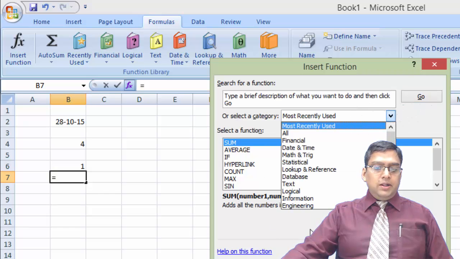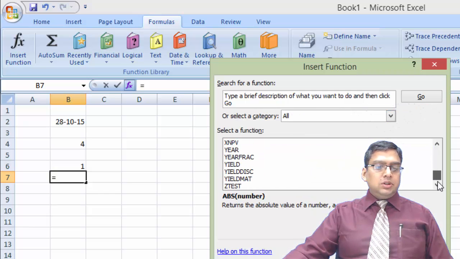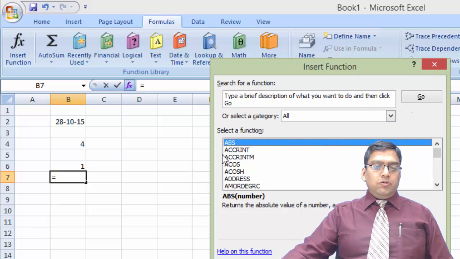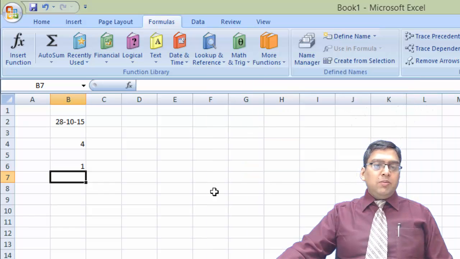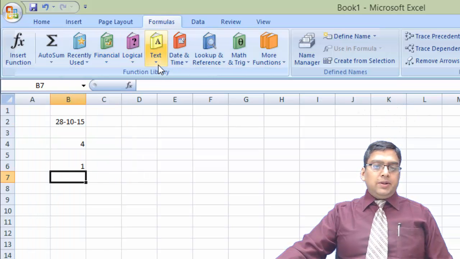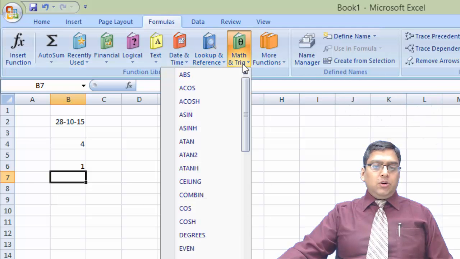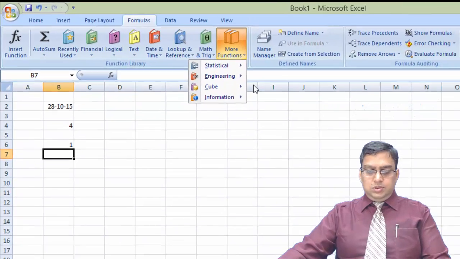They have overall categories available here, and if we select All, there are n number of functions related to various categories. And these all functions are also available in Function Libraries separately, like financial, logical, text, date and time, lookup, math and trigonometry, and various other functions.